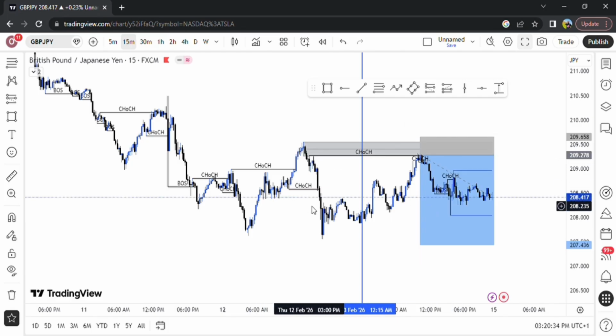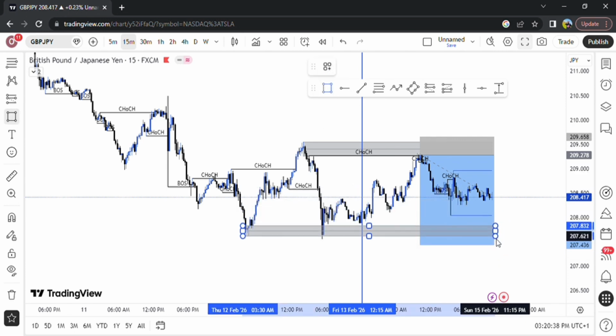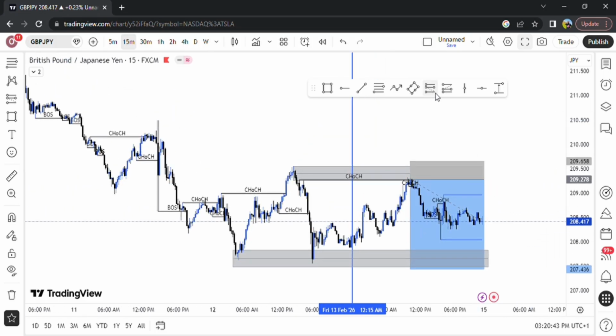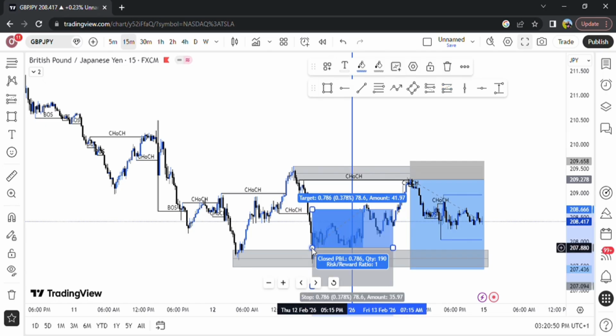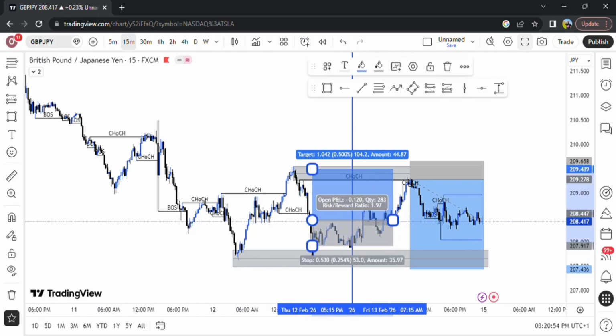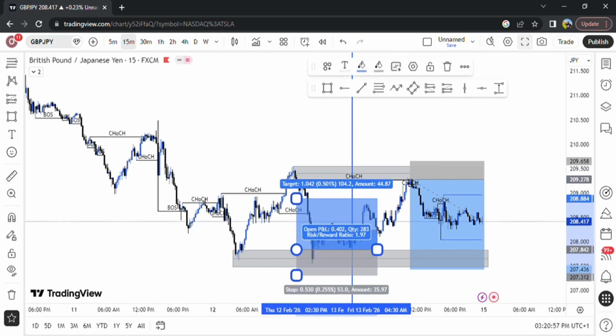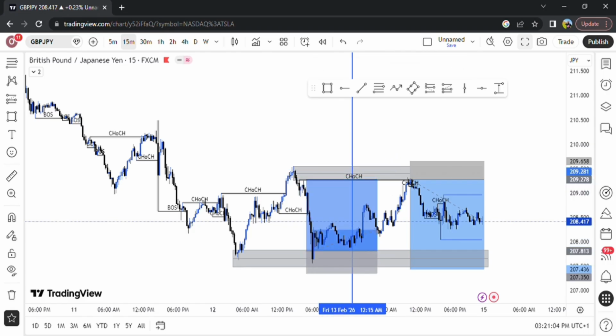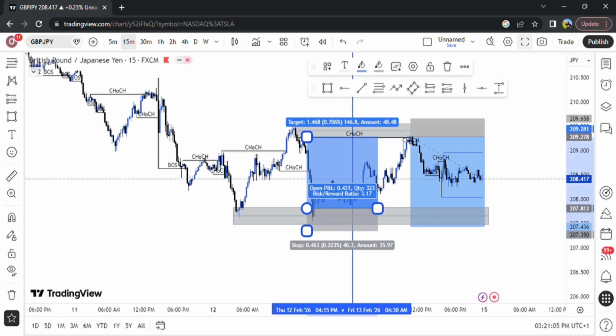Some people might be able to catch this buy trade. You'll be lucky if you caught this buy trade. Up to here, oh yeah, that is 1:2, 1:3.